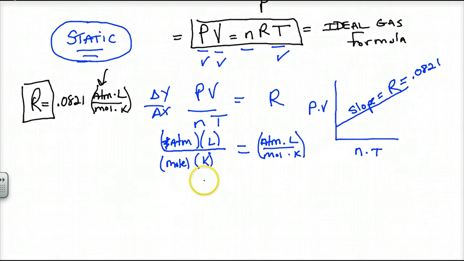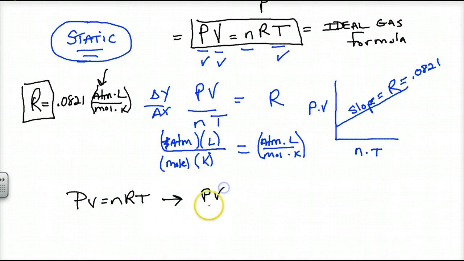Let's go back to PV equals nRT, our static equation, and just rearrange it a little bit. PV over T equals nR.